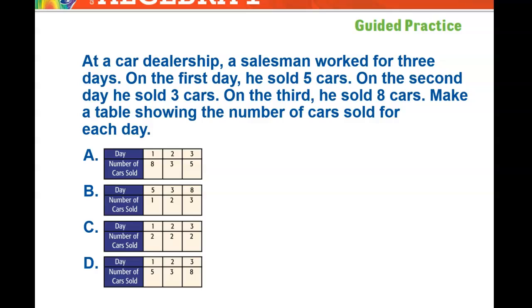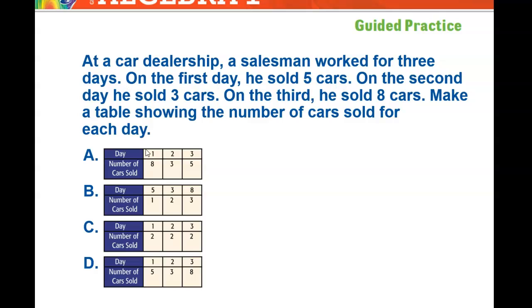At a car dealership, a salesman worked for 3 days. On the first day, he sold 5 cars. On the second day, he sold 3 cars. And on the third day, he sold 8 cars. Make a table showing the number of cars sold for each day. So we know on day 1, he sold 5.